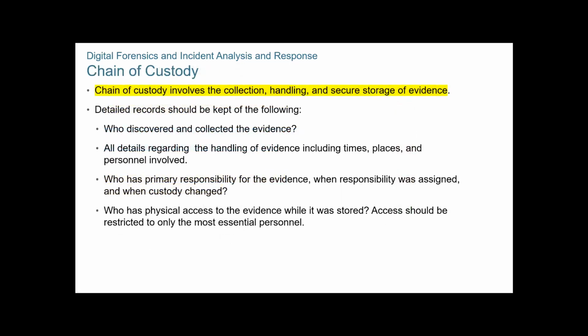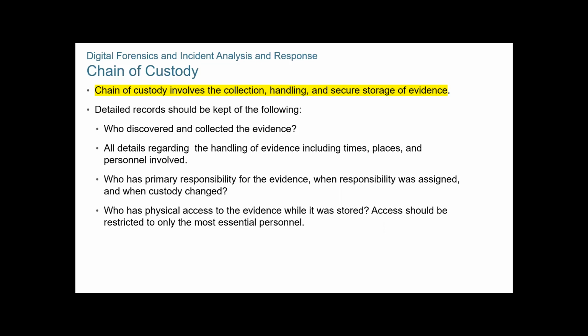Chain of custody is kind of common sense. You have to have a record of who discovered it. Now, when you do the lab in 28, there's one lab, and you'll be answering these same questions on the lab. It's kind of common sense.